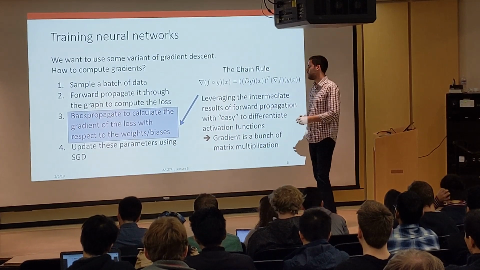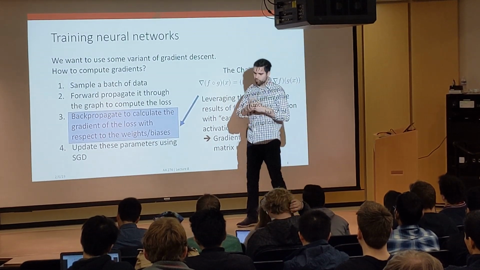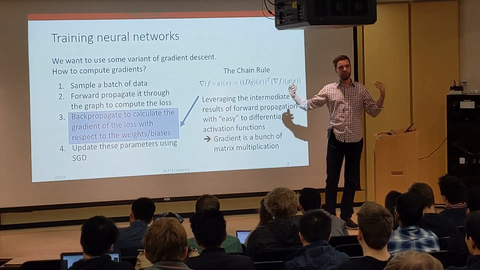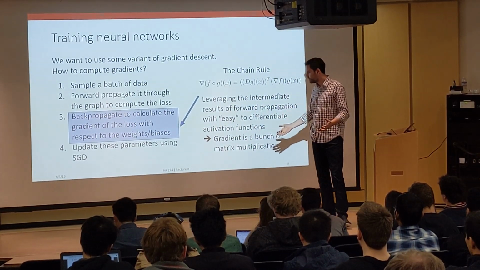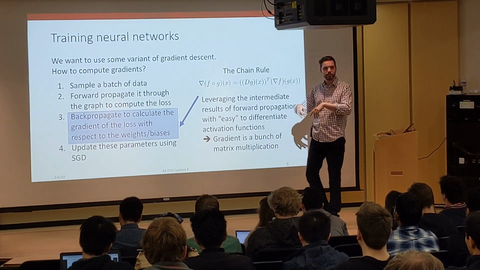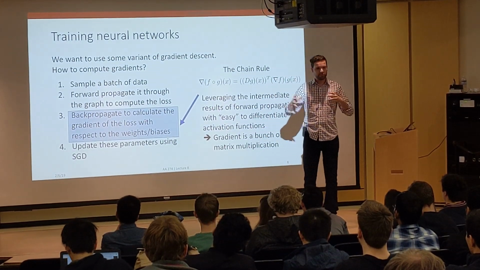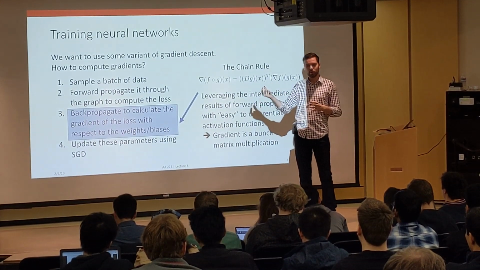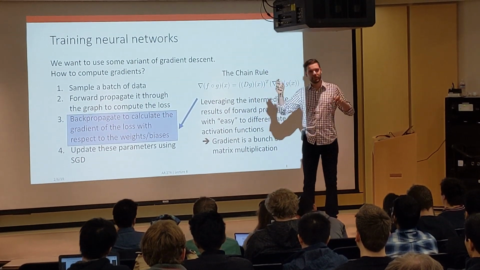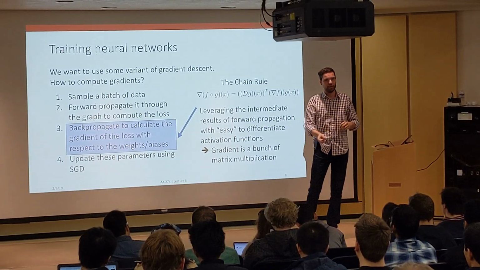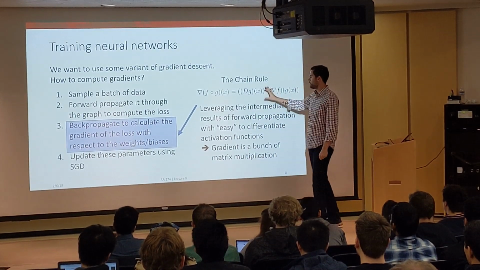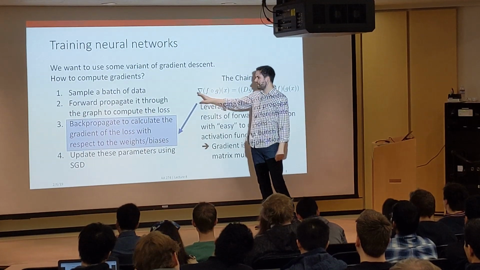You propagate that through your network in order to obtain a value for your loss, and then you use the pre-computed gradient of this loss with the value that you obtained, and then you backpropagate that error all the way through the network.